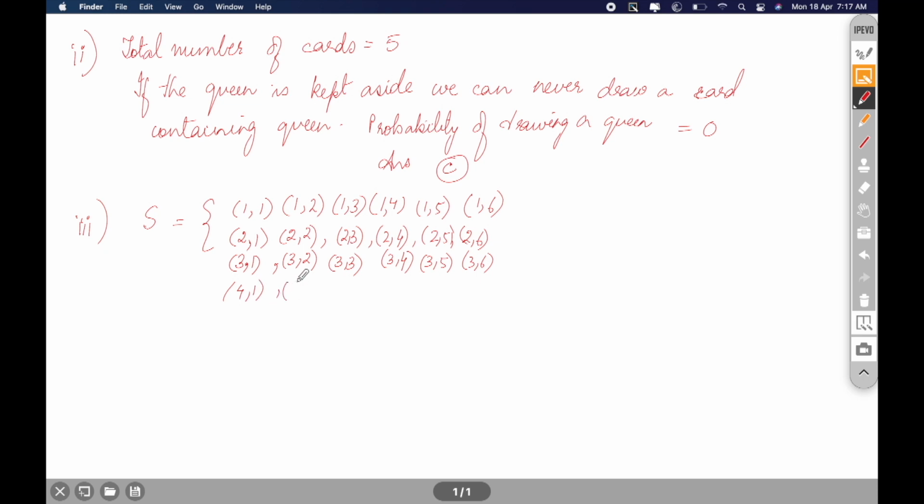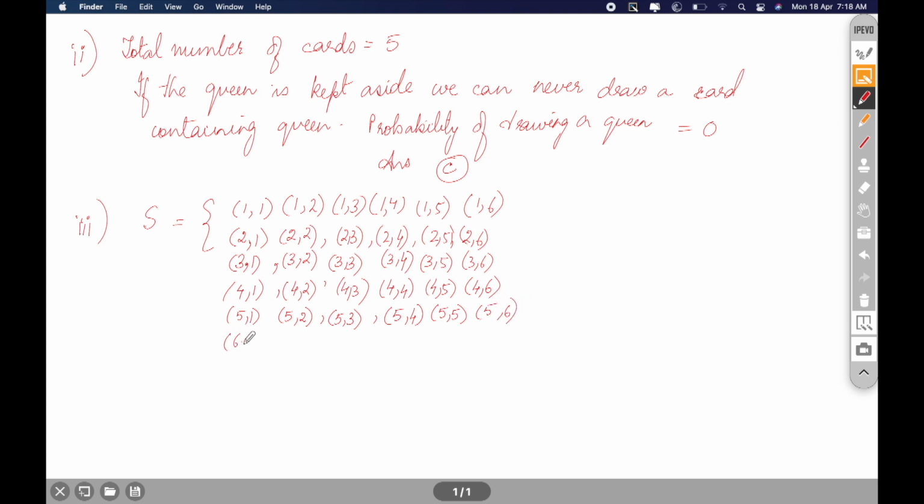So 4,1; 4,2; 4,3; 4,4; 4,5; 4,6. Then 5,1; 5,2; 5,3; 5,4; 5,5; and 5,6.